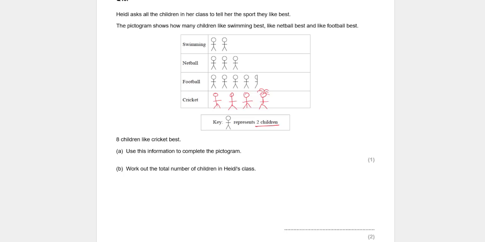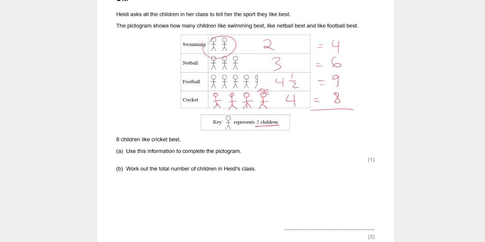Work out the total number of children in Heidi's class. So we need to count how many stickmen we have. So we have 2 here. Always good to write down how many. Then 3 here. Then 1, 2, 3, 4 and a half. Then 1, 2, 3, 4 here. Times all by 2. So here we have 4, times it by 2, 8. 3 times 2 is 6. 4 and a half times 2 is 9. 4 times 2 is 8.